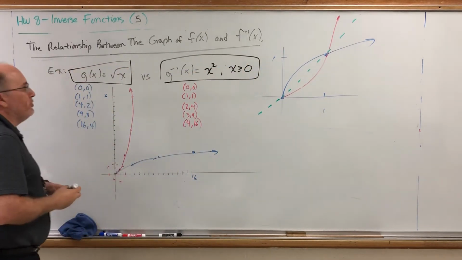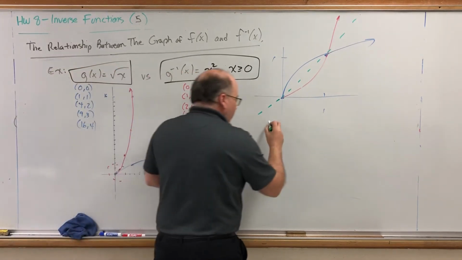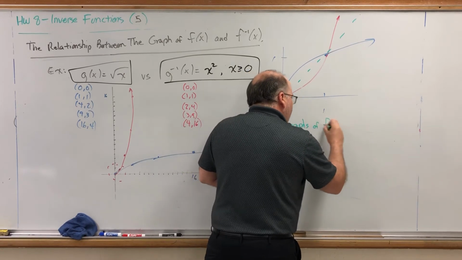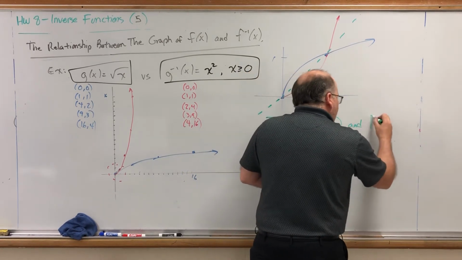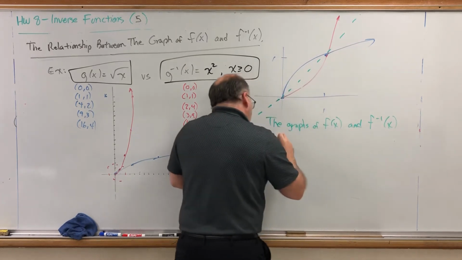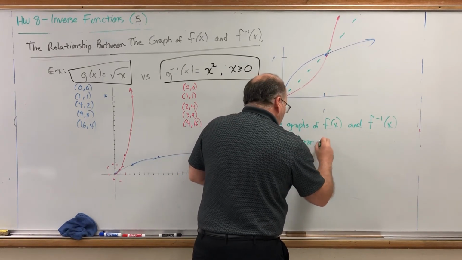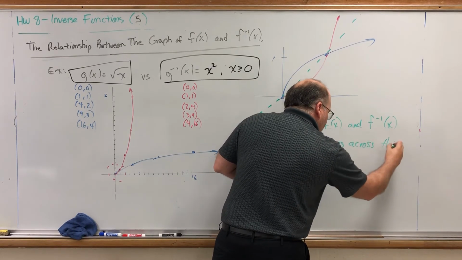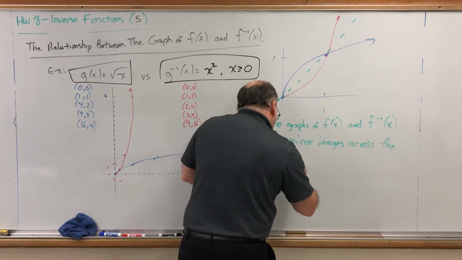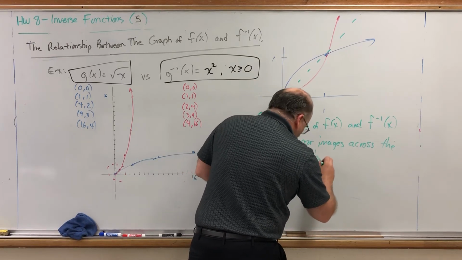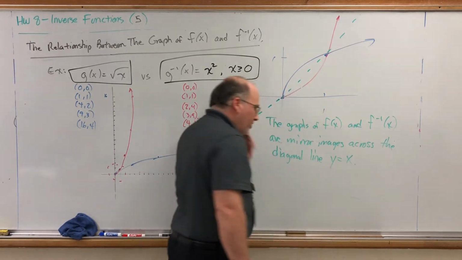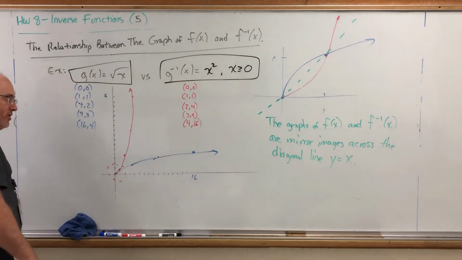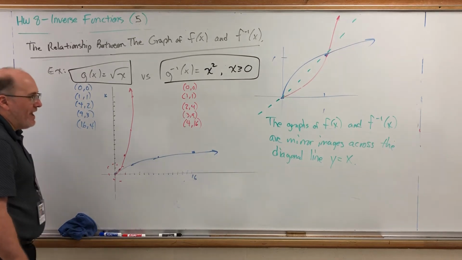So the relationship between the graphs of a function and its inverse: the graphs of f of x and f inverse of x are mirror images across the diagonal line y equals x. So in your homework, when you're given one function's graph and asked what its inverse graph looks like, all you have to do is flip it across that diagonal line.